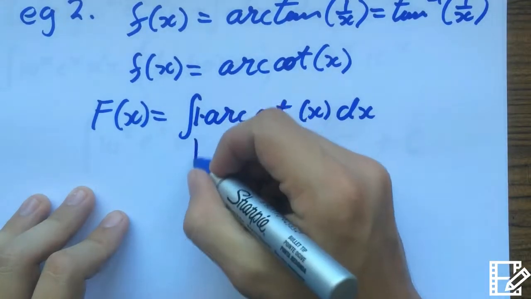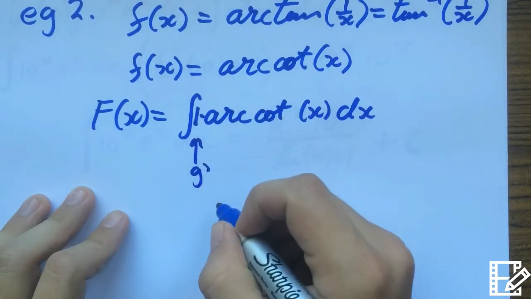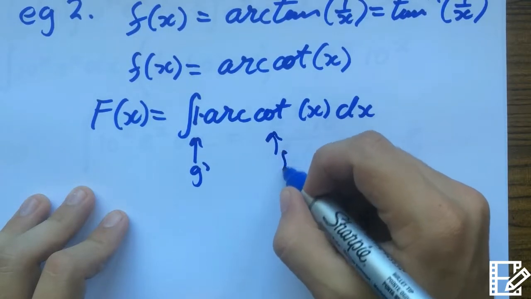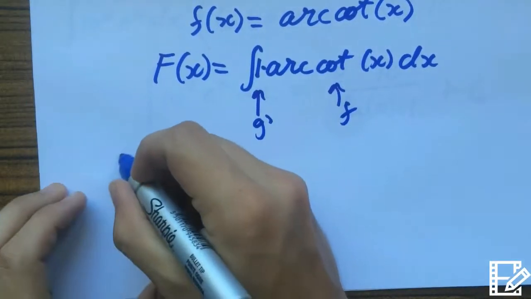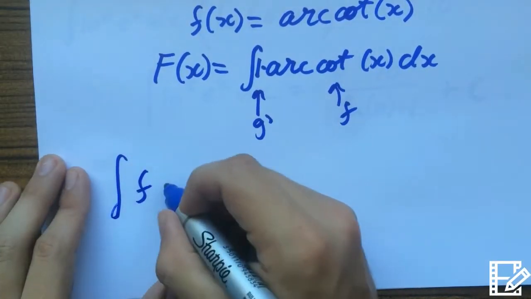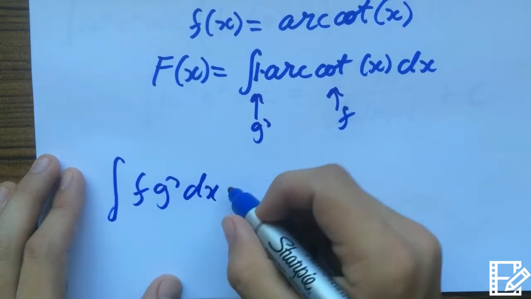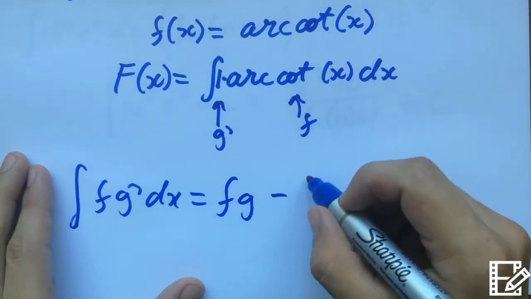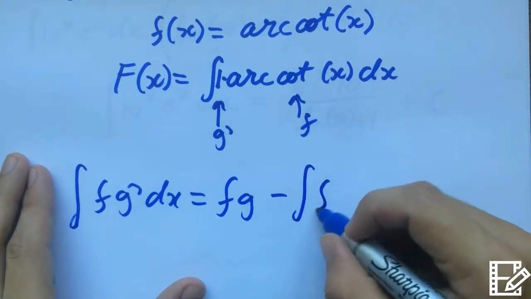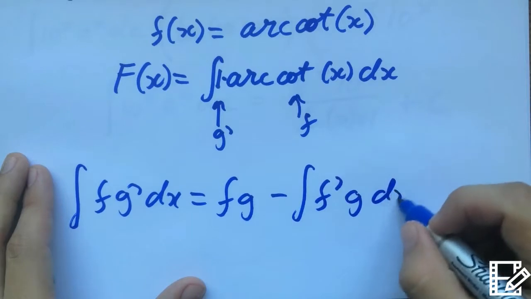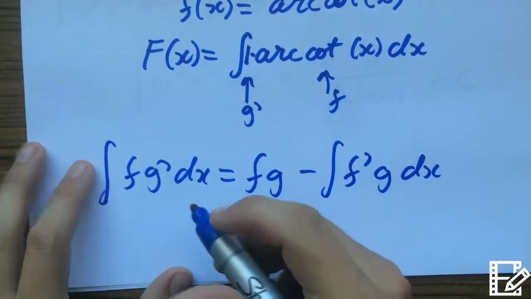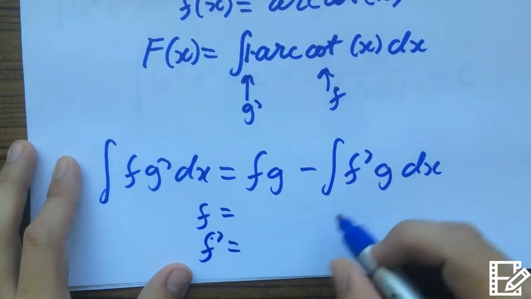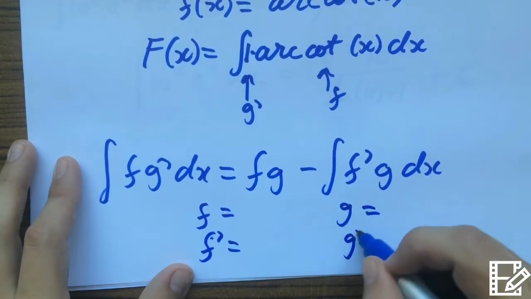We're going to say that this here is g dash, so that's the derivative of g, and we're going to say that arccot x is f. Now the integral of f g dash, here's the by parts formula, just writing it out for reference. So we need an f dash, we need a g, and we need a g dash.